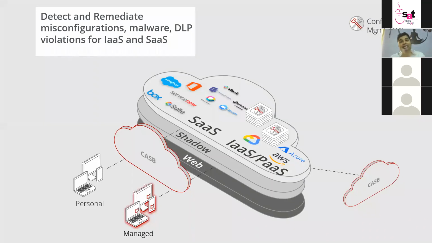We have extended the CSPM functionality to container security as well. We can identify all the containers, and if there are any misconfigurations associated with them, we can identify that and say these are the misconfigurations and these are the steps you need to take to remediate them.